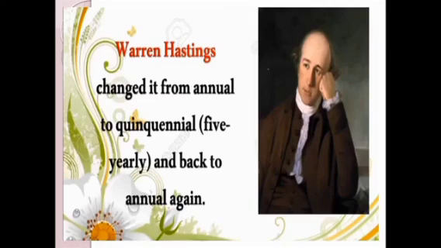So, Warren Hastings changed it from annual to quinquennial, which means 5 years. In 5 years, they could settle the money, and again he changed it to annual.